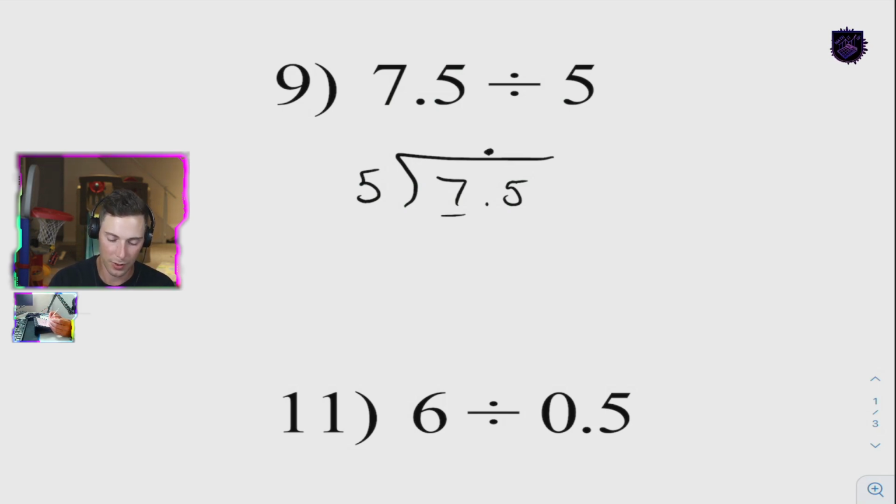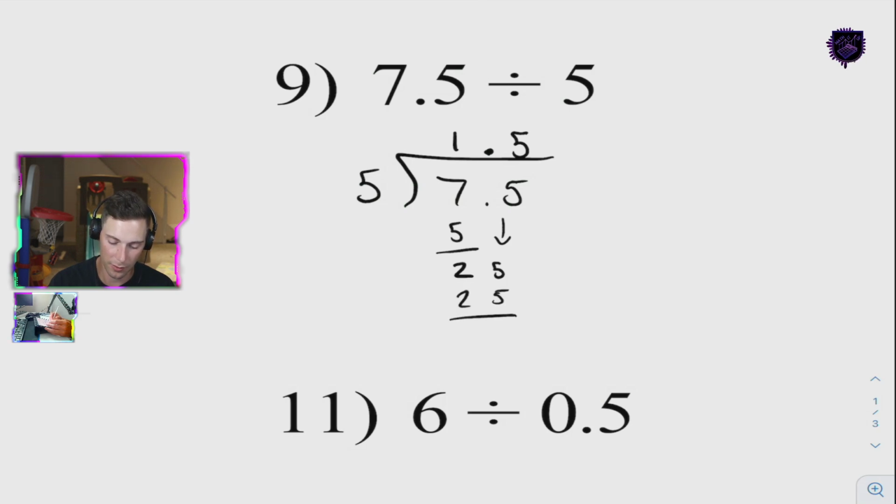Now, does 5 go into 7? It does. 1 time. 5. Do our subtraction. Drop down our 5. 25. Now, does 5 go into 25? Of course it does. It goes into 25 5 times, for exactly 25.